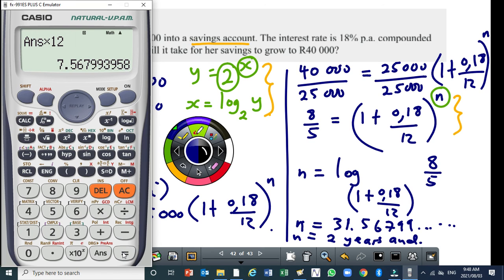Now, because it's 7.56, that 0.5 there means it's more like half a month. I'm not going to go as far as calculating half a month. Those are weeks now. That's like 2 weeks. That's 0.5.